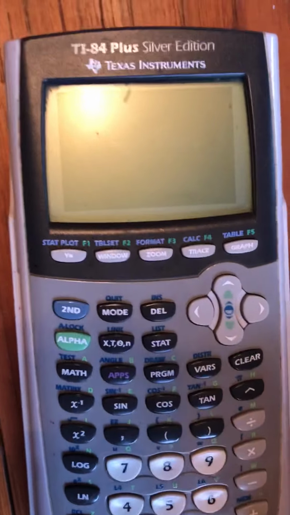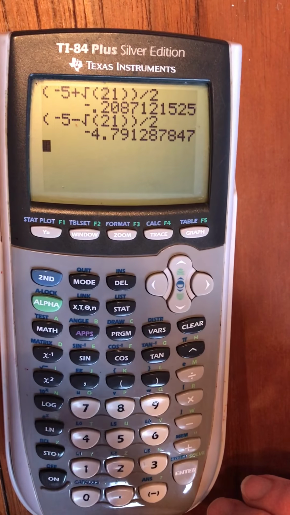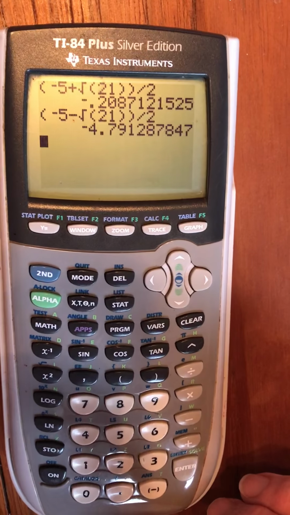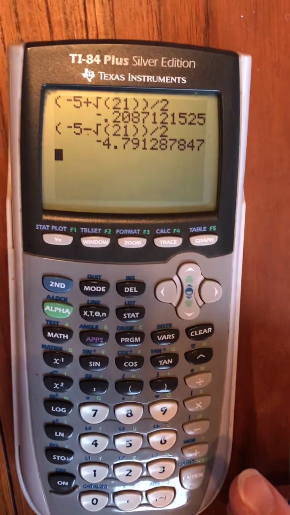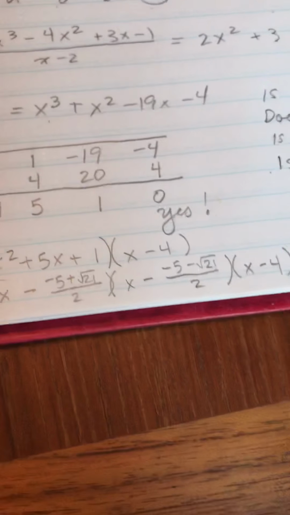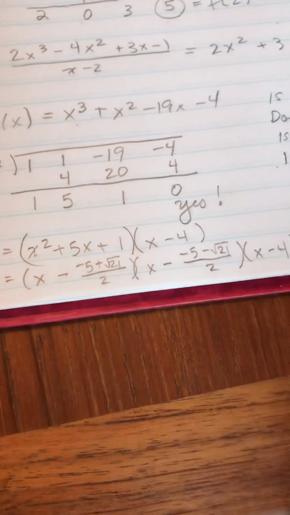And then let me do second enter to pull that same thing up and then just arrow back to change that to a minus. And there's the other one, approximately negative 4.791, rounded to 3 decimal places. So those are the other two zeros in exact radical form and decimal approximation form. Of course, when you're giving the factors, you always want to put them in exact radical form.